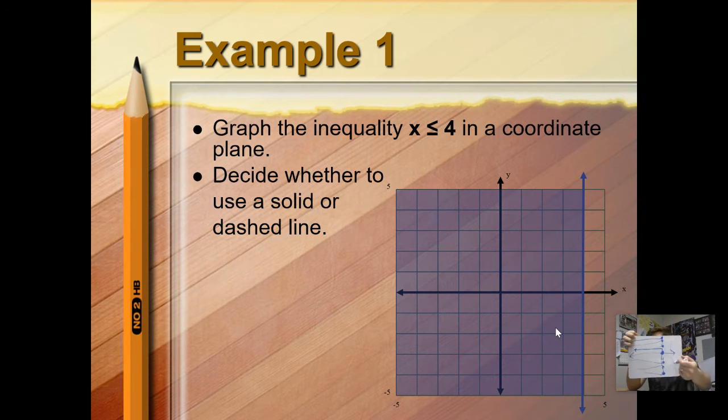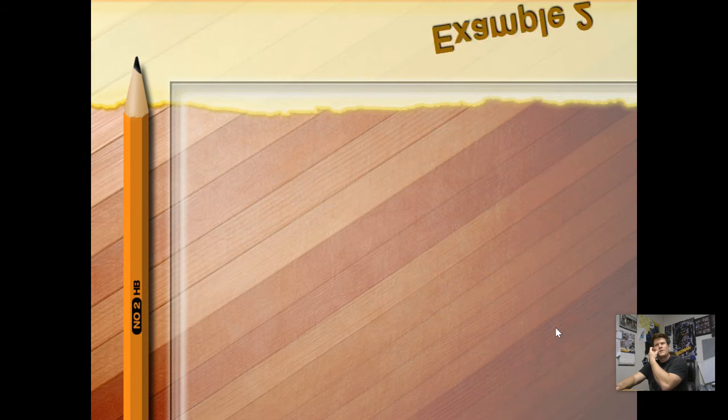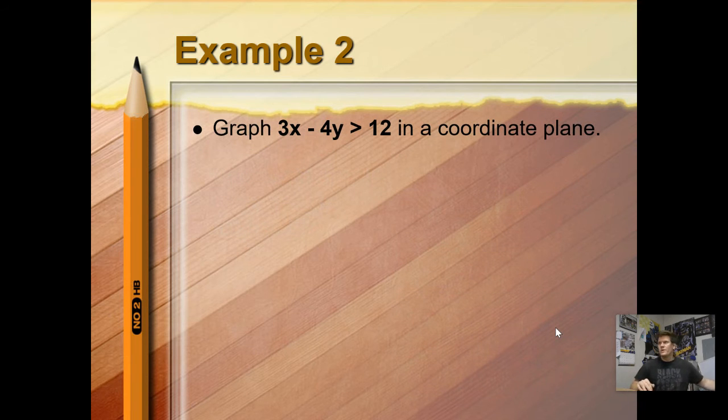And then I shade everything on this side. Make sense? Let's see it again in a more typical fashion. This time we're looking at example 2. We have 3x minus 4y is greater than 12.